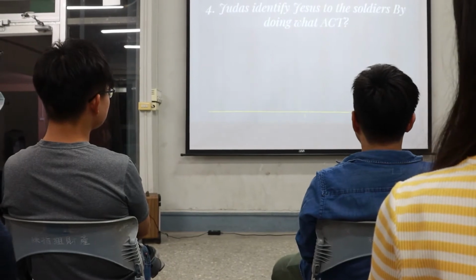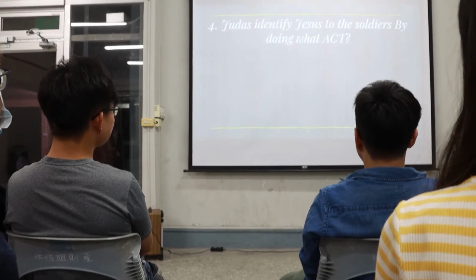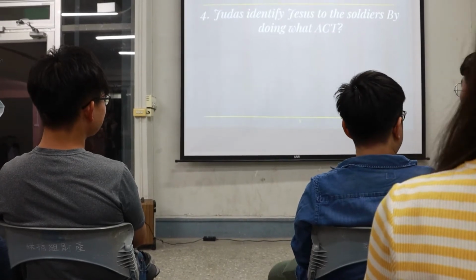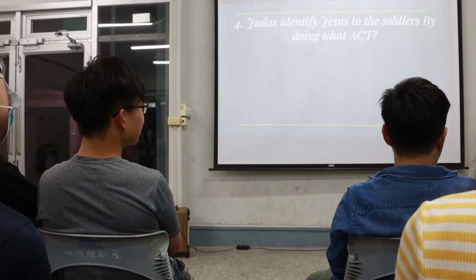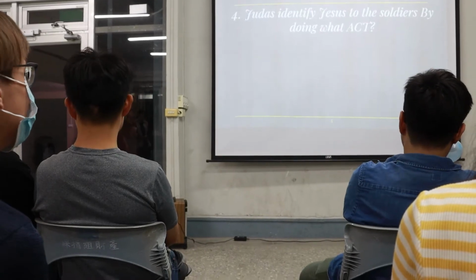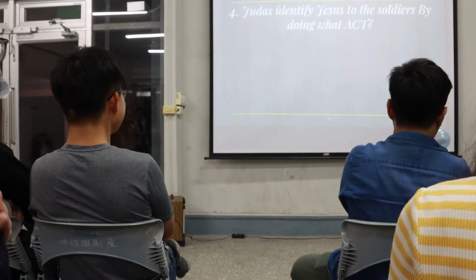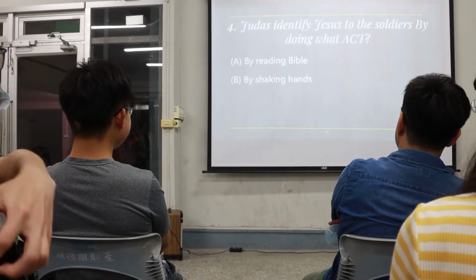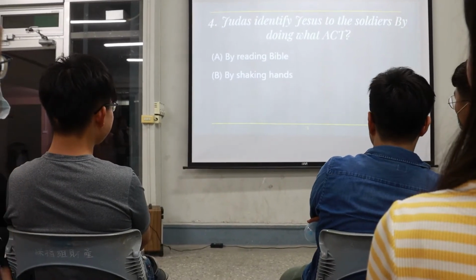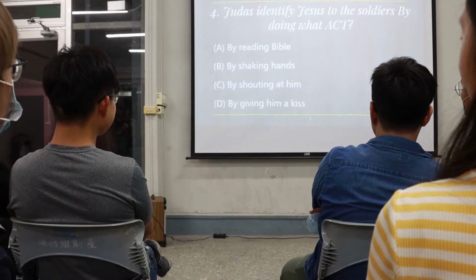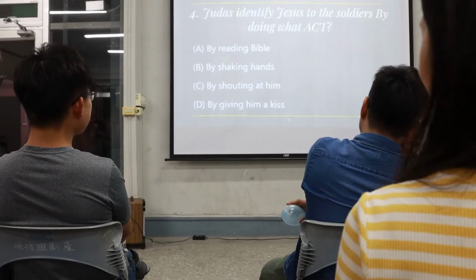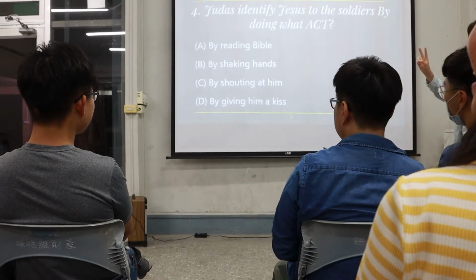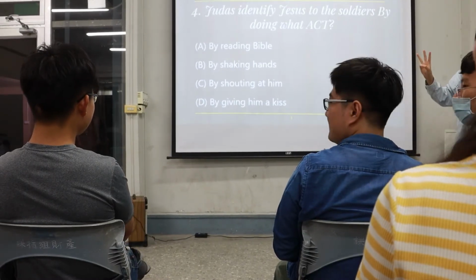Judas identified Jesus to the soldiers by doing what act? A, by reading the Bible. Or B, by shaking hands. C, by shouting at him. D, by giving him a kiss. 1, 2, 3.